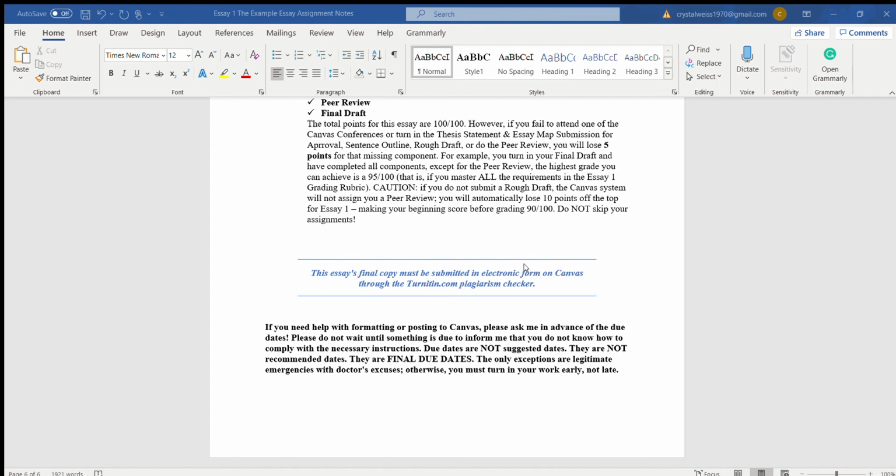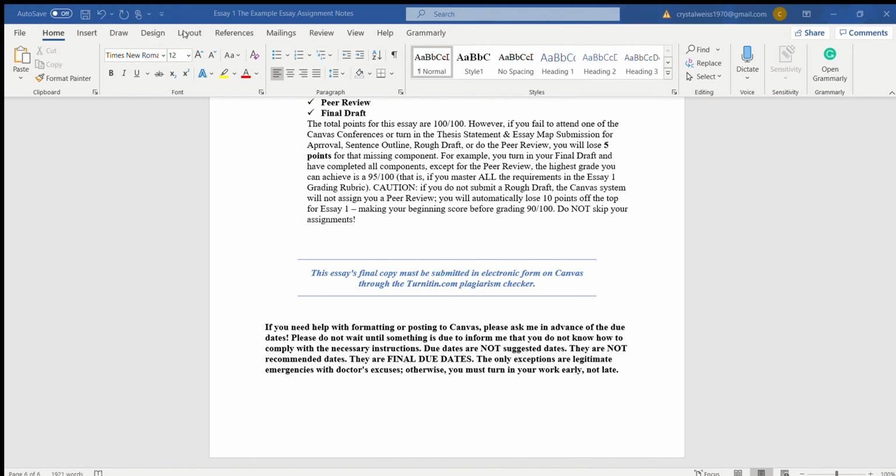You're going to go over here. Lots of times this thing is set to single. Set it to double. Then you're going to hit set as default, all documents based on the normal template. Reason being is I can guarantee you almost every paper you're going to write in college is going to be set for these.